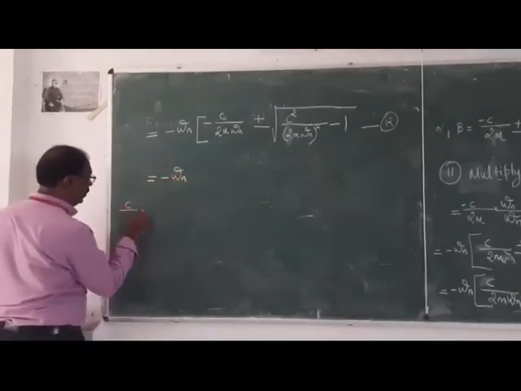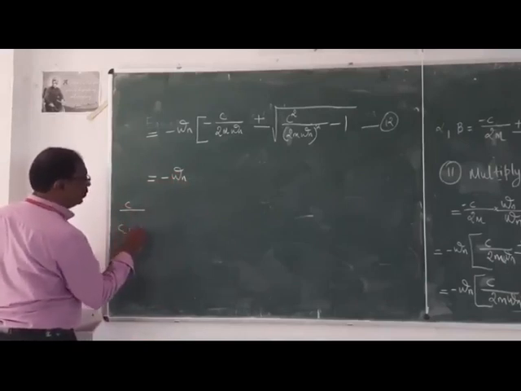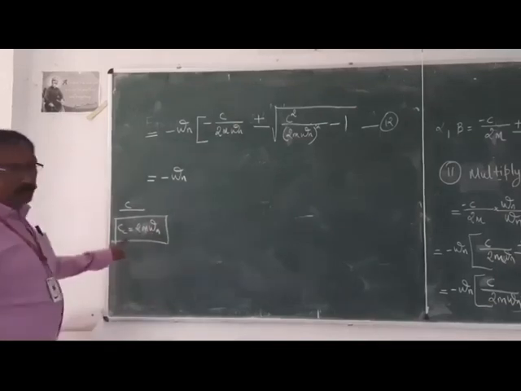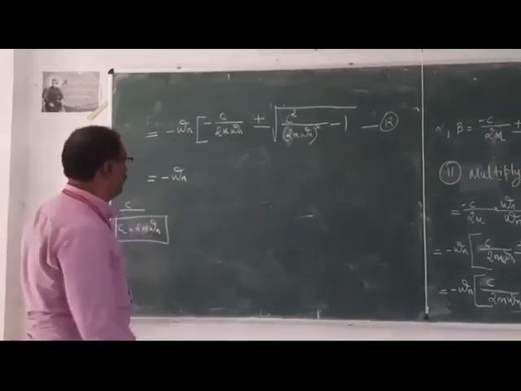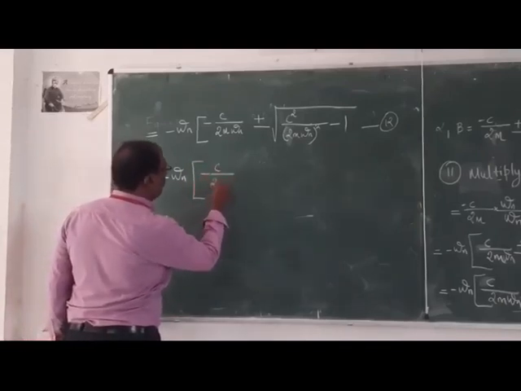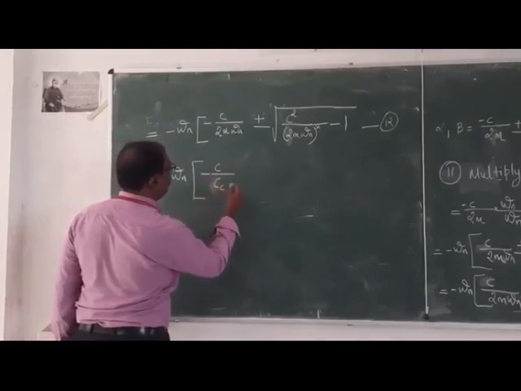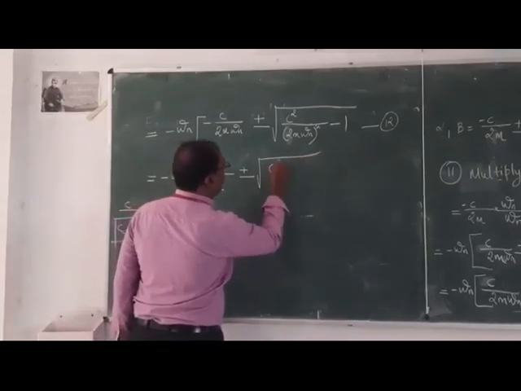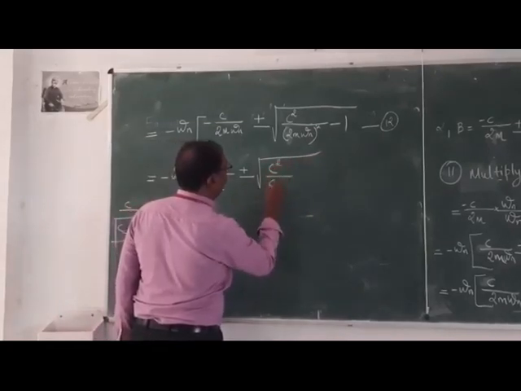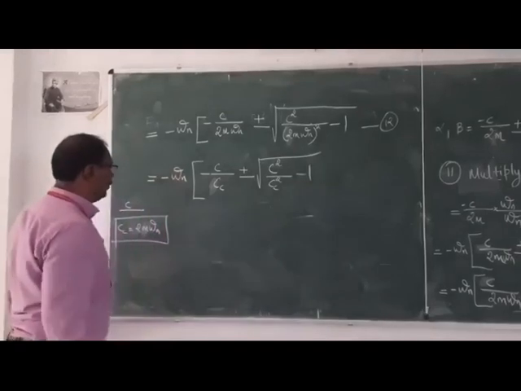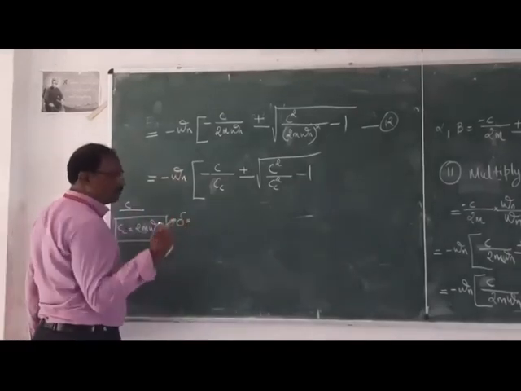Here c divided by cc is this value, which we already obtained from the critical equation. We already know rho, that is the damping ratio.